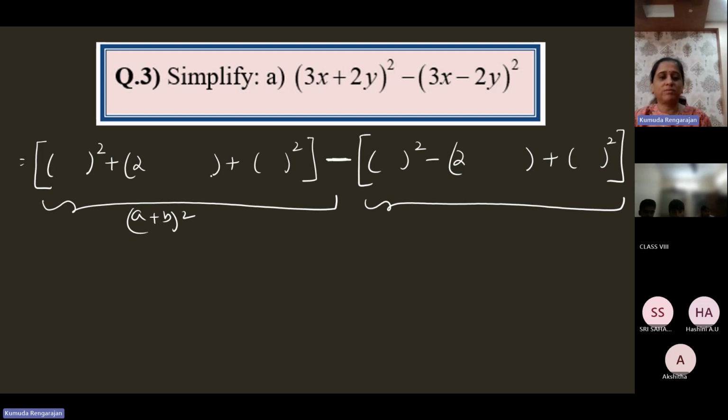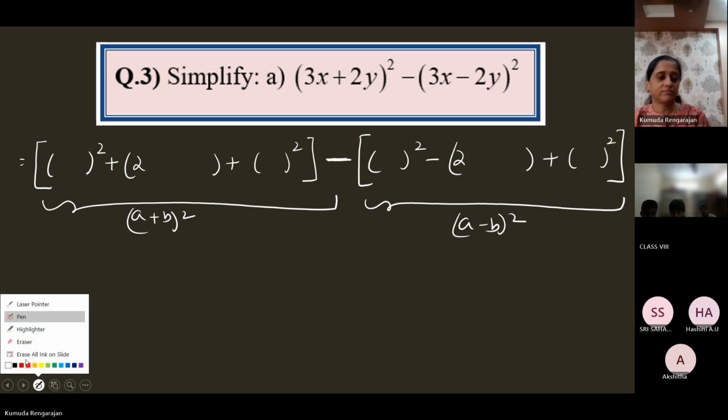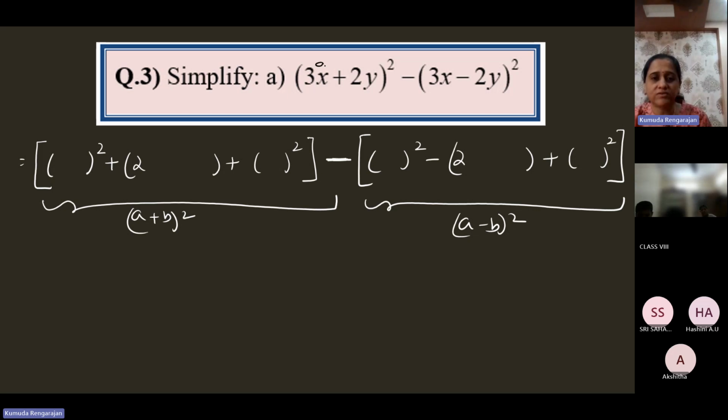This is for a plus b the whole square: a squared plus 2ab plus b squared. And this is for a minus b the whole square: a squared minus 2ab plus b squared. This is our first bracket, a plus b the whole square, minus a minus b the whole square.